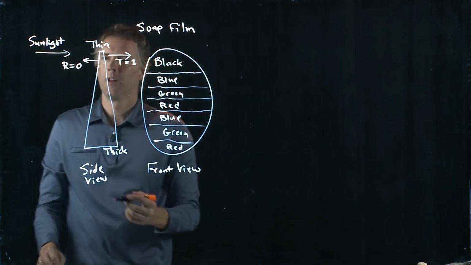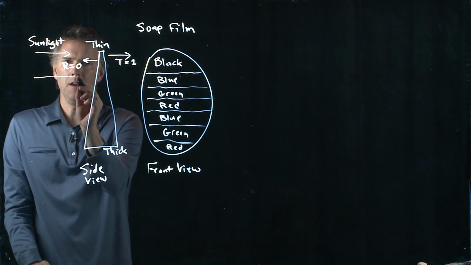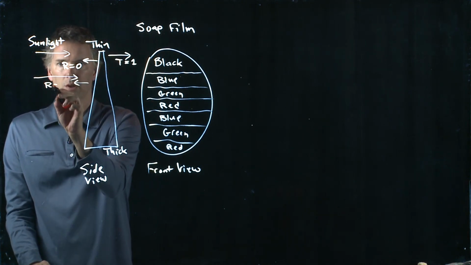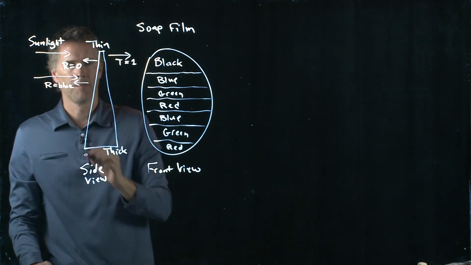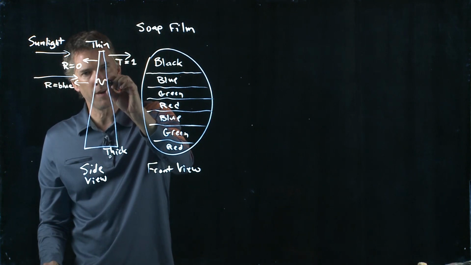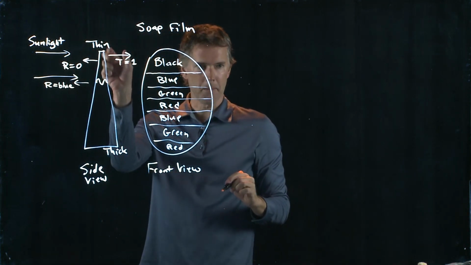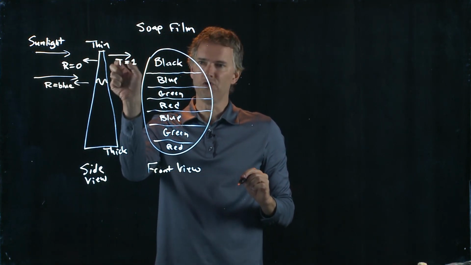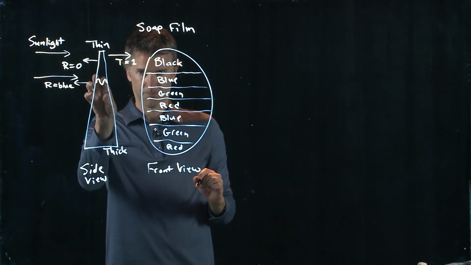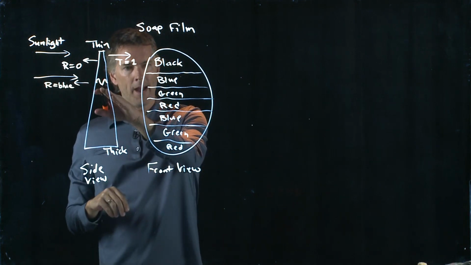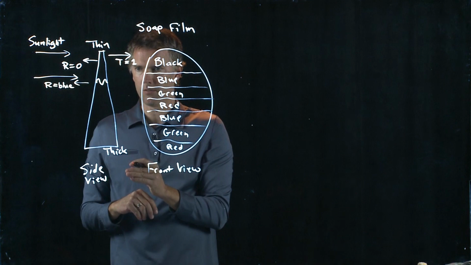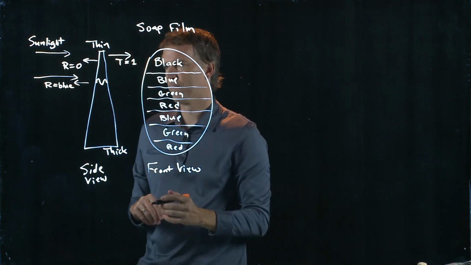Okay, but as we go down the soap bubble, all of a sudden we start to see these colors. And for instance, when we get down to here, the reflection is blue. And that's because blue has a nice short wavelength. And so it can match up to that thickness just right to give us a high reflection for blue. But the red wavelengths are longer, and so they don't match up at that thickness. They keep going on through.